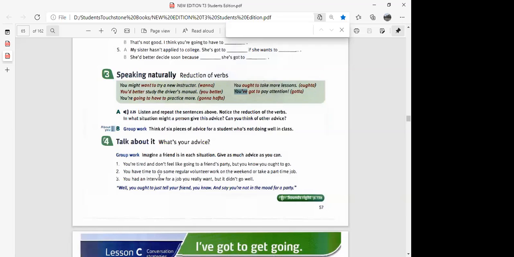Second one, you have time to do something regular: volunteer work on the weekend or take a part-time job. You have an interview for a job you really want, but it didn't go well. So you feel disappointed, right?